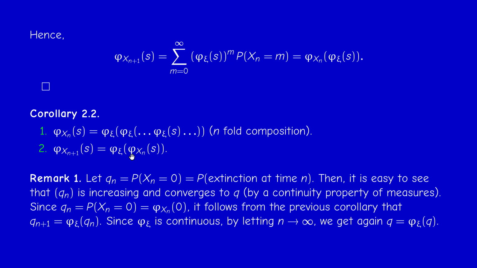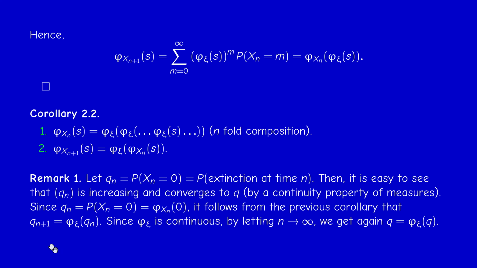So we see that Qn plus 1, which is precisely phi xi n of Qn, is precisely phi xi of Qn. Okay, so if you put here Qn, you get here Qn plus 1.